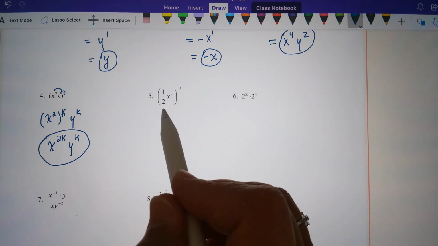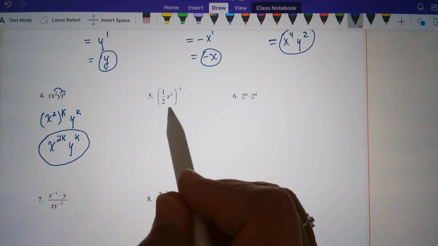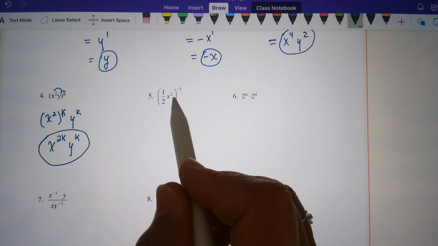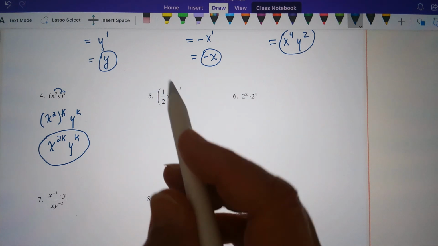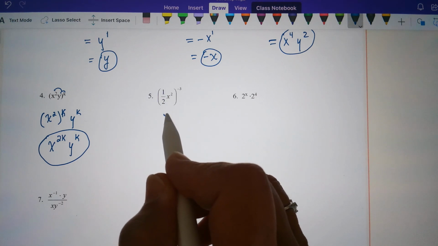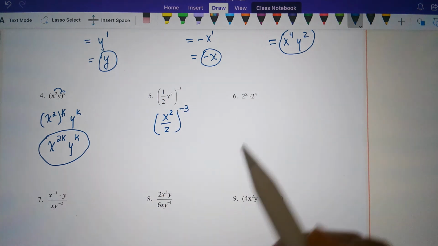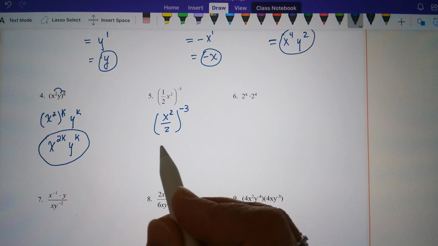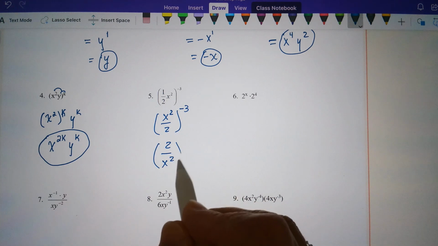We could distribute the negative 3, or we can take care of the negative by inverting what we have in parentheses, right? So let me just write this. 1/2 times x squared is the same as x squared over 2, right? Now, if I invert the fraction, this becomes 2 over x squared to the positive 3.